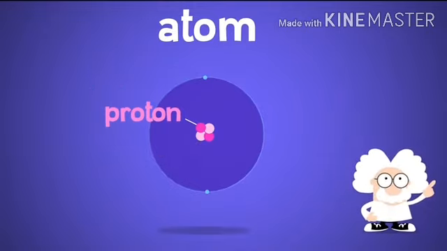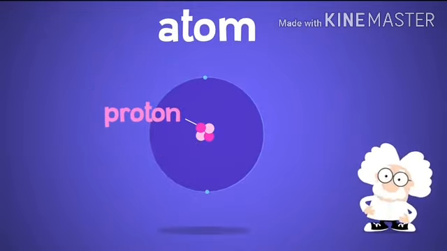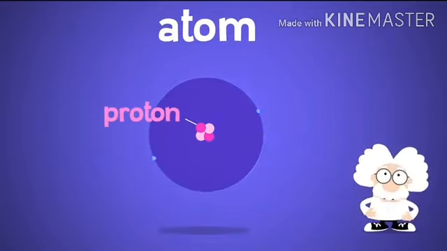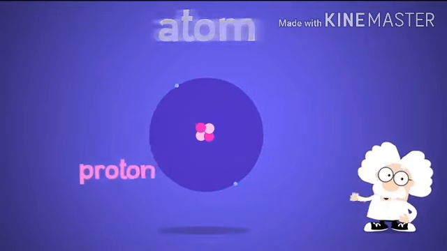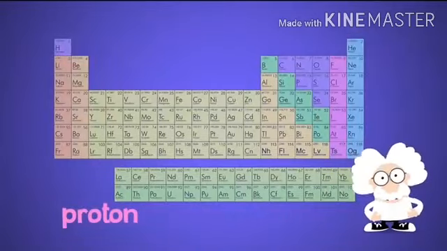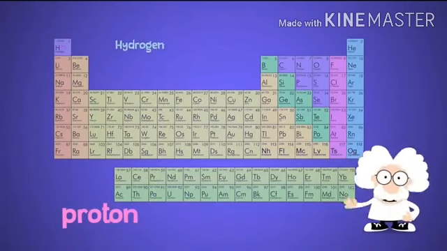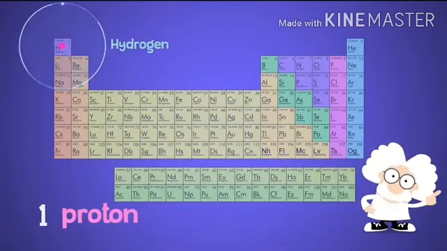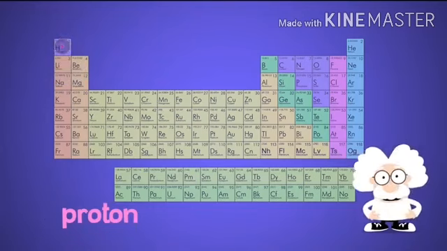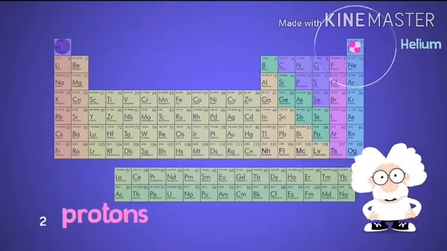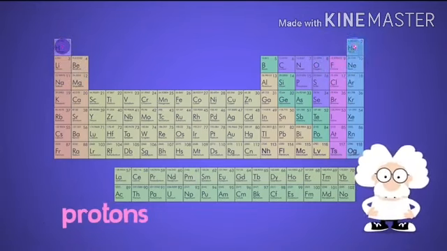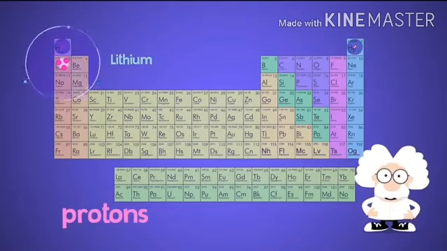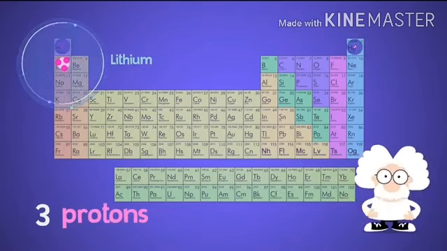For example, it's the number of protons inside an atom that makes each element different. If we look at the periodic table, the first element, hydrogen, has 1 proton. The second element, helium, has 2 protons. And the third element, lithium, has 3 protons.